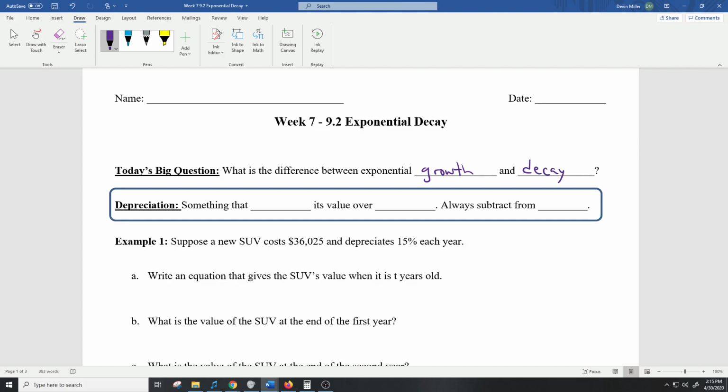One of the big words that comes up quite often with exponential decay is depreciation. You probably have heard this word before. A lot of items that you buy depreciate over time. That's when something loses its value over time.